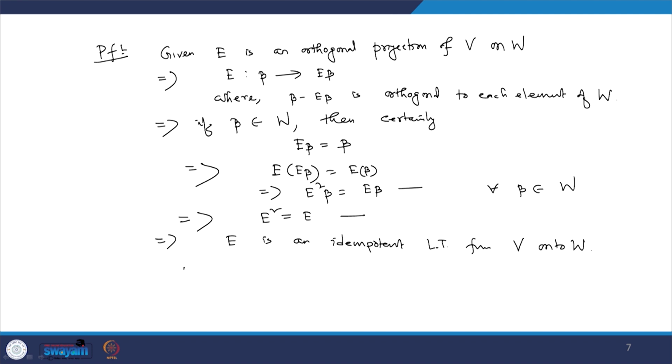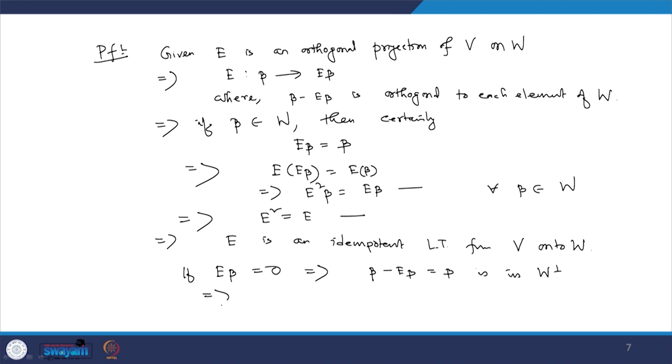Second, if E of beta equal to 0, this implies that beta minus E of beta, which is equal to beta, is in W complement.